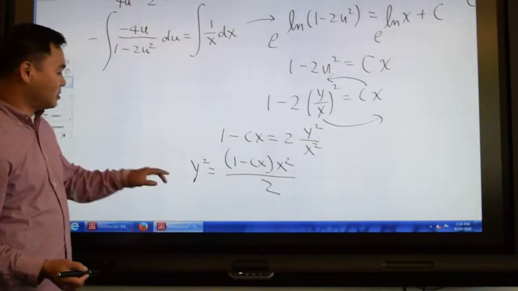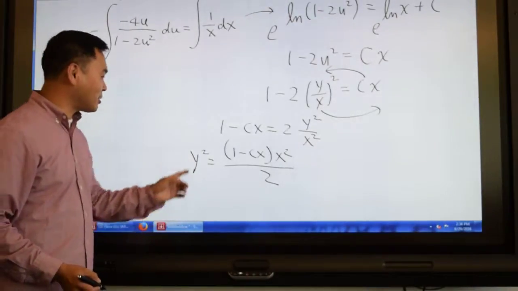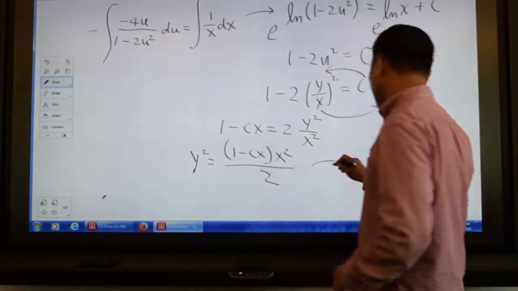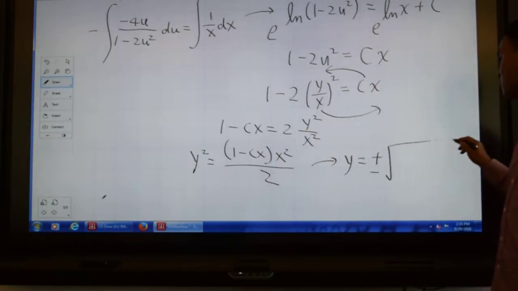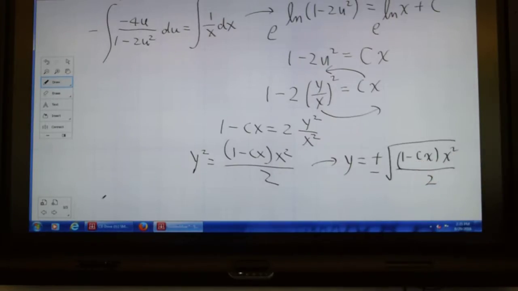And I guess you can take the square root, but let's leave it here, because if you take the square root, you can write down y equals plus or minus the square root of 1 minus cx times x squared over 2. So that will be another solution.